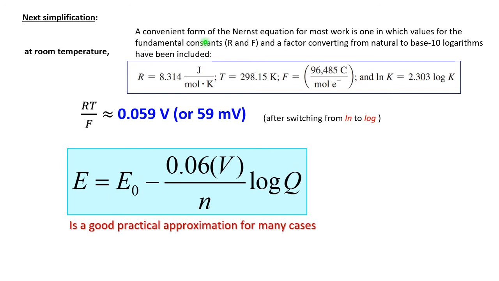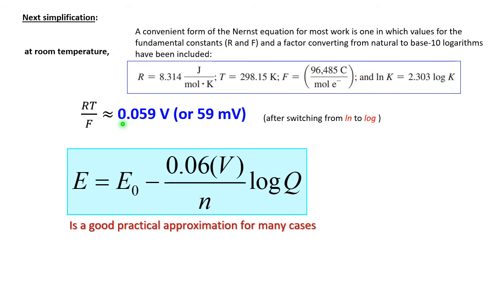Next simplification. We usually work at room temperature. So we know the temperature and we can calculate RT if we know the temperature. Of course, we know the meaning of F. So R we know, temperature we put 25 degrees Celsius, and we know the Faraday constant, and we want to convert our natural logs to decimal logs out of convenience.